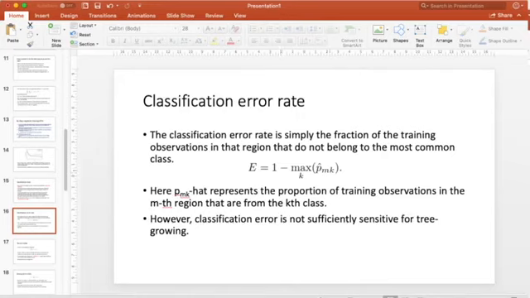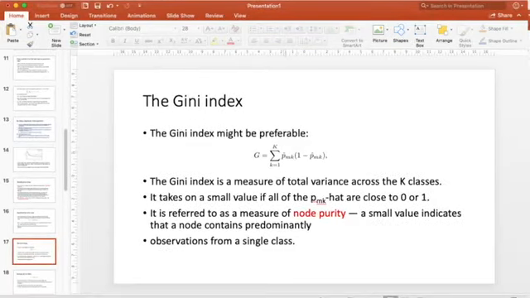What it means is that if you know that this region contains mainly B, then the error rate is the proportion of the observations that do not belong to group B. But if you look at the Gini index, this is the proportion of those who are in group B multiplied by the proportion of those who are not in group B.